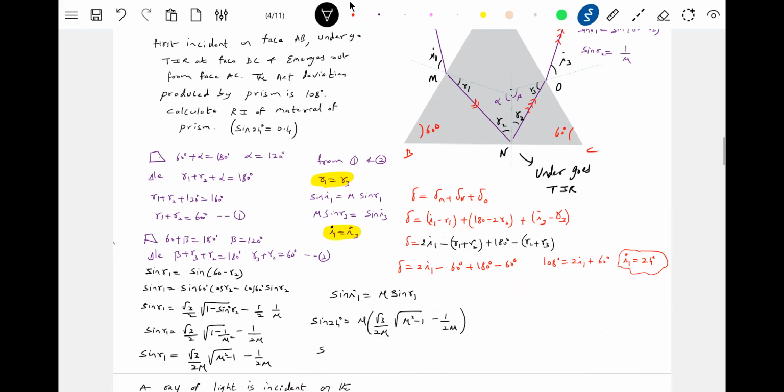So sine 24 degrees equal to root 3 by 2. Solving now, mu is the only unknown thing.